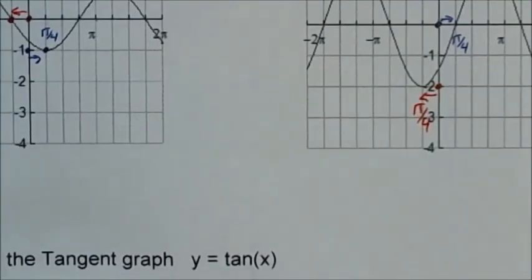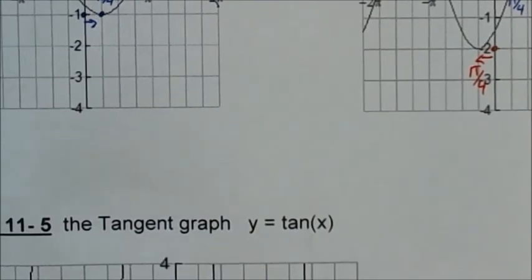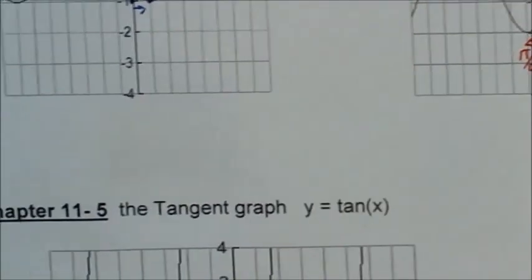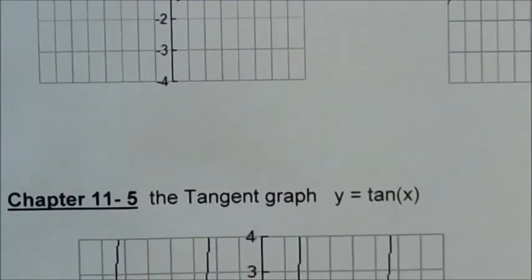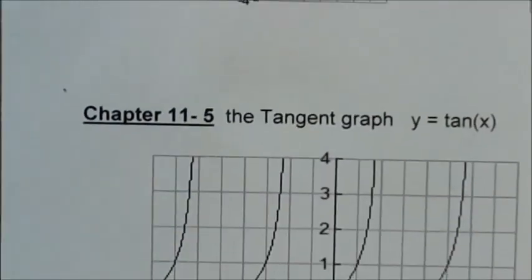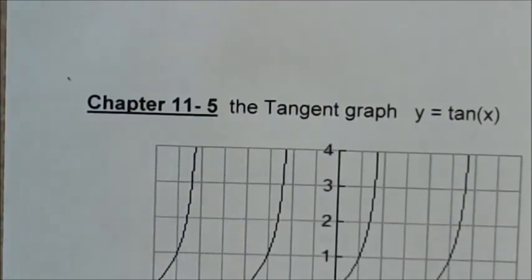Okay. So that's it for given the graph, coming up with the equation of the graph in terms of sine and cosine. Now our last thing for today is the tangent graph, y equals tan x.